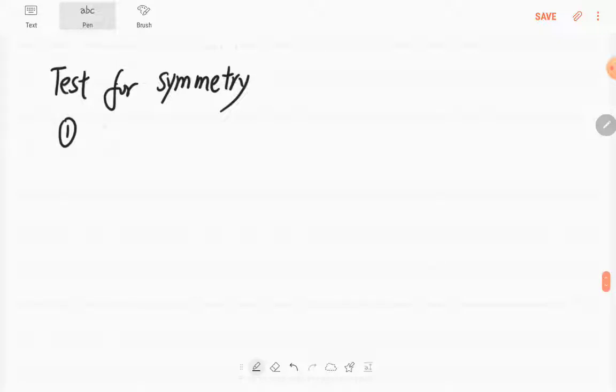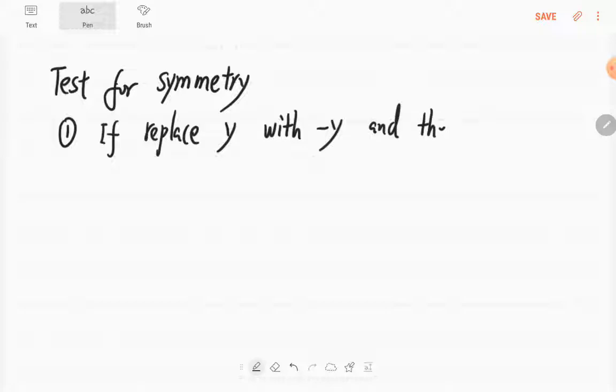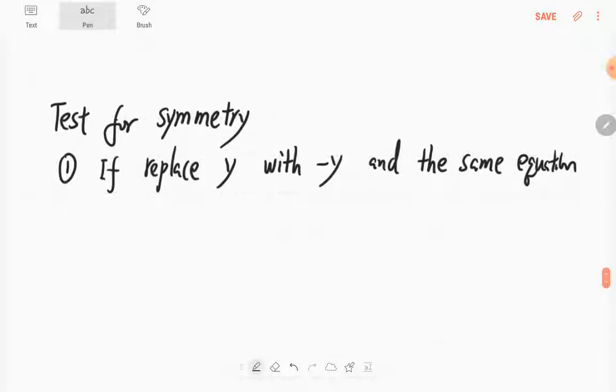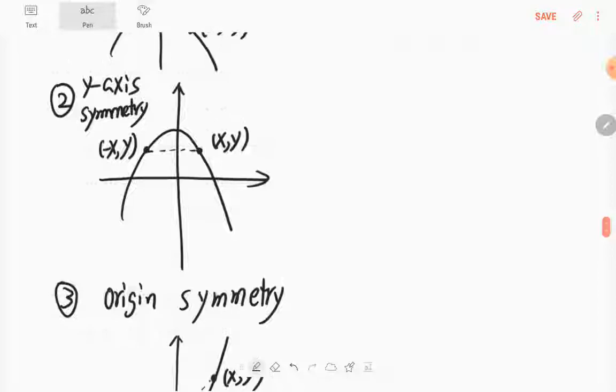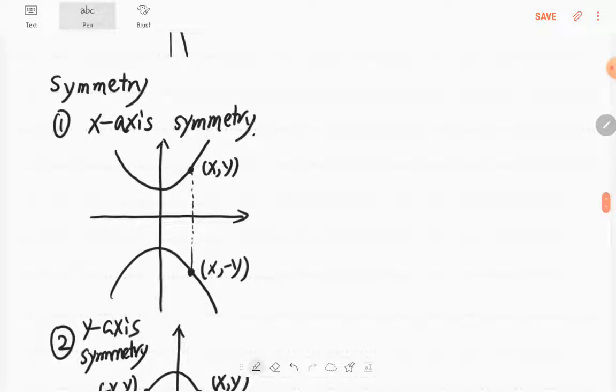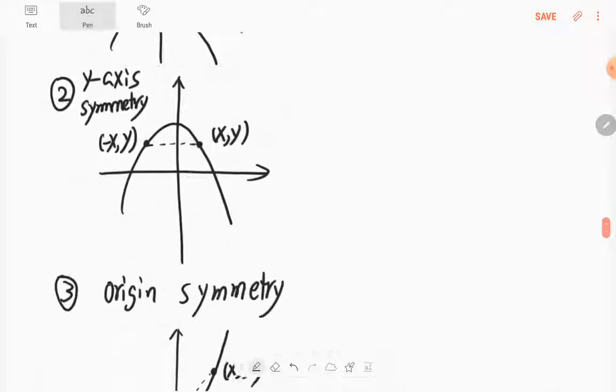First one, if you replace y with negative y and get the same equation, we don't change x. So that means if (x, y) is on the graph, then (x, -y) is also on the graph. So this would be x-axis symmetry.